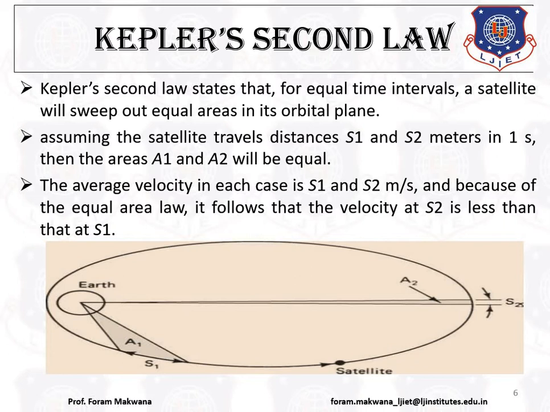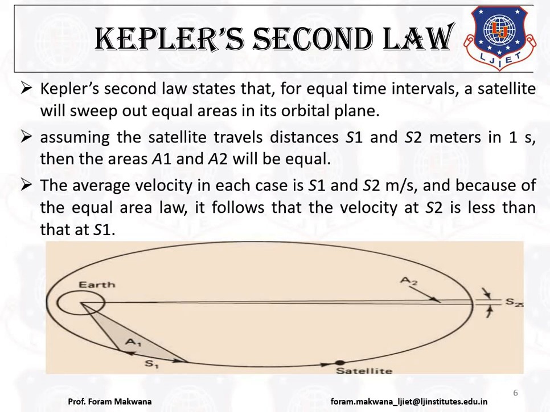So it follows that velocity at S2 is less than velocity at S1, because this point is farthest from the Earth and this point is nearer to the Earth.